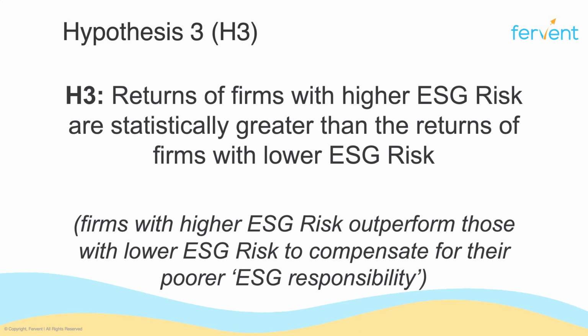This particular hypothesis says nothing about earning abnormal returns, right? All it's testing for is whether the returns of firms with higher ESG risk are statistically greater than the returns of firms with lower ESG risk. It doesn't say whether these returns are going to be higher than what we could earn by investing in the market portfolio or in the stock market index. So that's where the fourth and final hypothesis comes in.